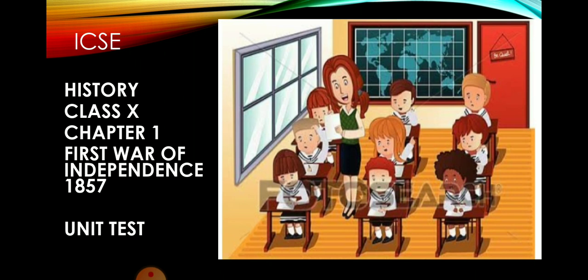In the short questions from the civics part, there are 10 short questions, each carrying 1 mark. Then from the history part, there are also 10 short questions, but each carries 2 marks. So for the short questions from history and civics, there are 30 marks.